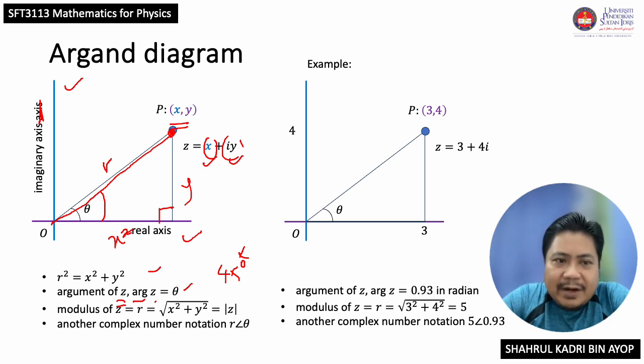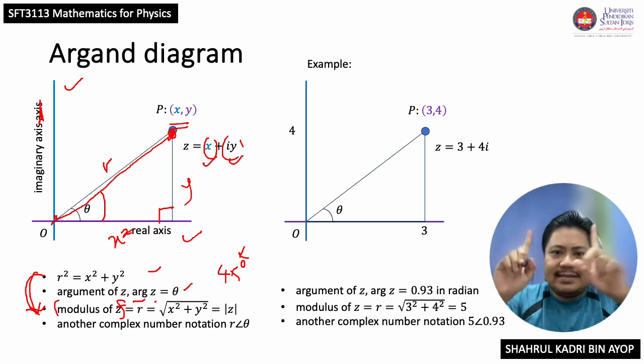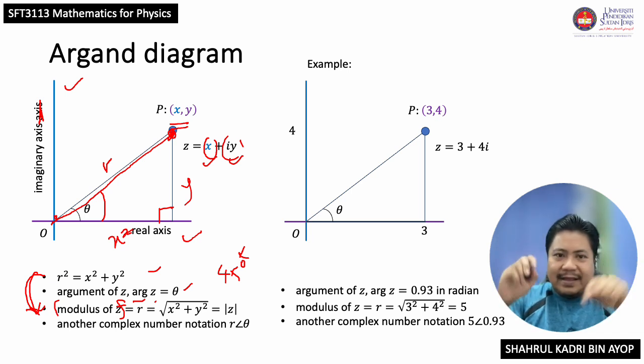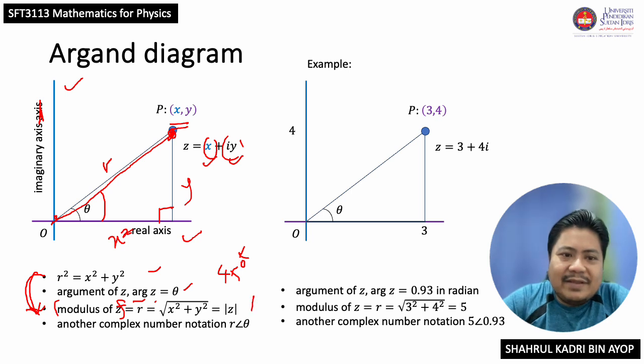Then you can also have the modulus of z, the modulus of a complex number. The modulus is equal to the distance from the origin to that particular point, which comes from the first property here. The modulus is written with straight lines, so don't use the other brackets.